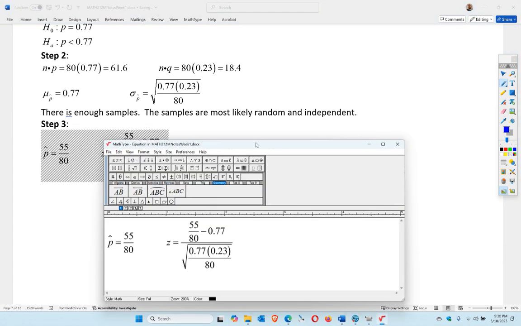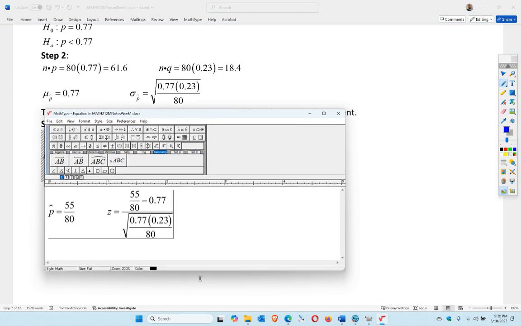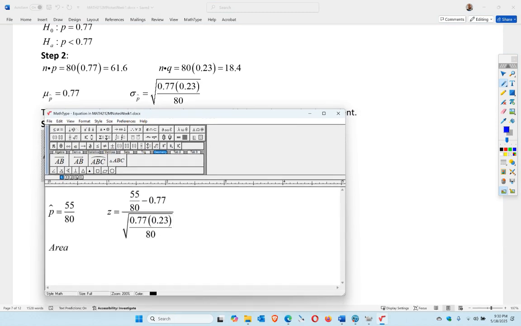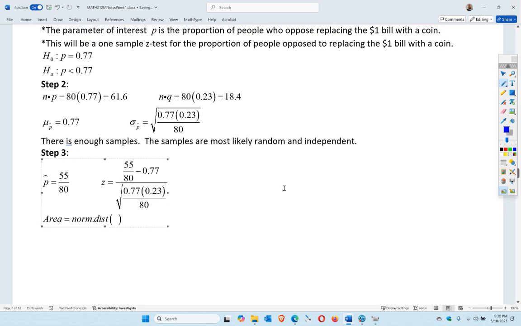Okay, so the area equals the normal CDF, normal distribution. Okay, we're going to pause there. All right, so it's going to do a little picture here, basically.